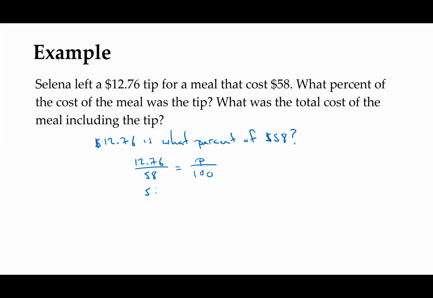Cross multiply. Divide both sides by 58. And so P is going to equal, let's see, 22.